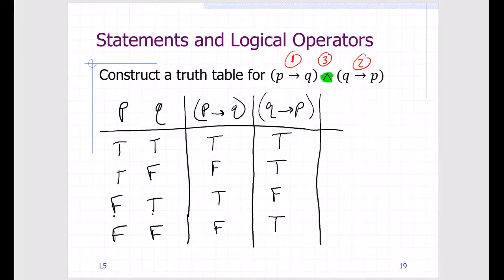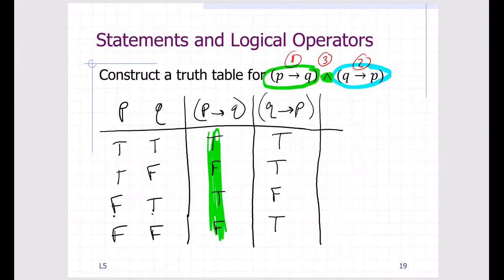For the and here, we're taking this column and this column, and we're combining them with an and. True and true, false and true, true and false. Oh, sorry, this should be true. I think I may have said true, but wrote false.